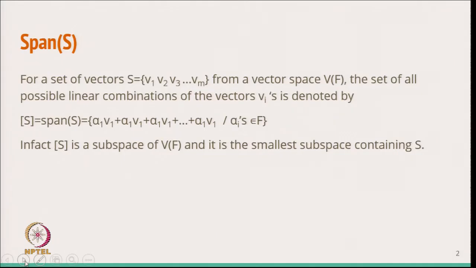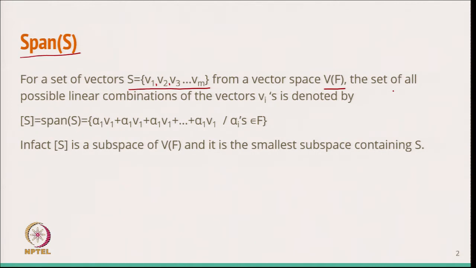So, in the previous lecture we have just discussed the concept of span of S. In this we define the span of the set S. In the span of the set S, we have a set of vectors. Suppose I take m number of vectors, and these vectors we are choosing from the vector space Vf.